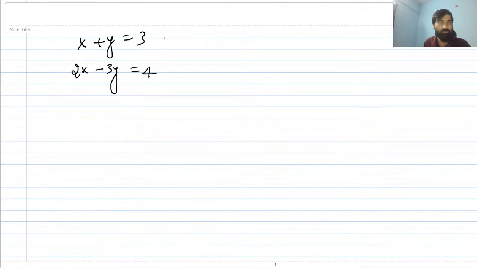The question of elimination we were discussing, right? So we can take again x plus y equal to 3 and 2x minus 3y equal to 4. As I discussed, this is the concept of elimination.